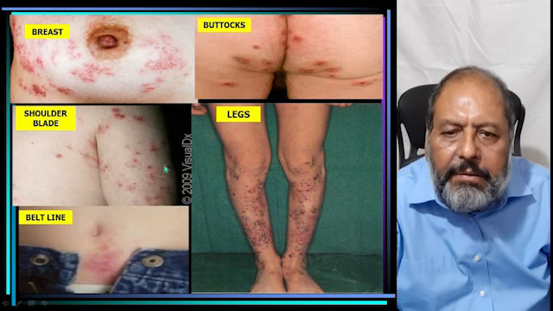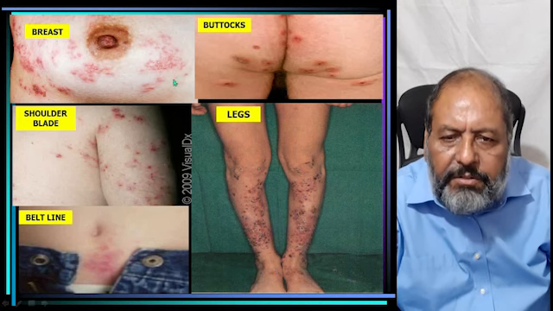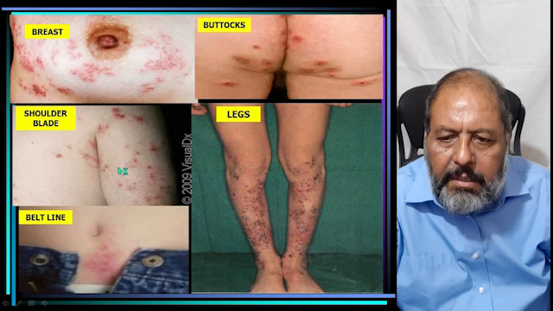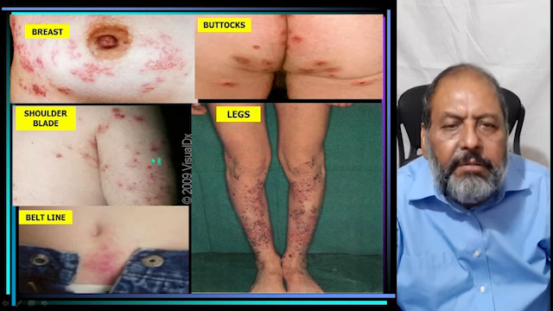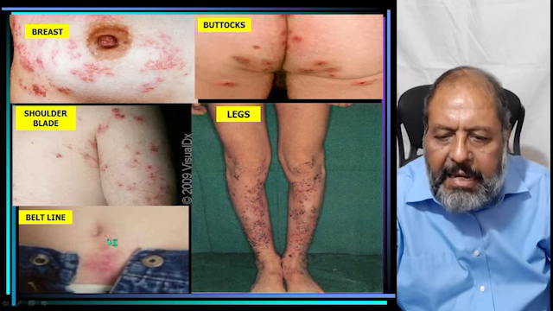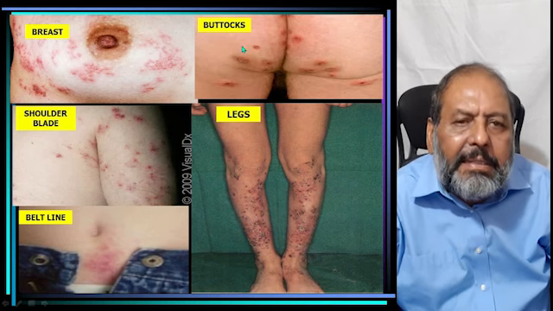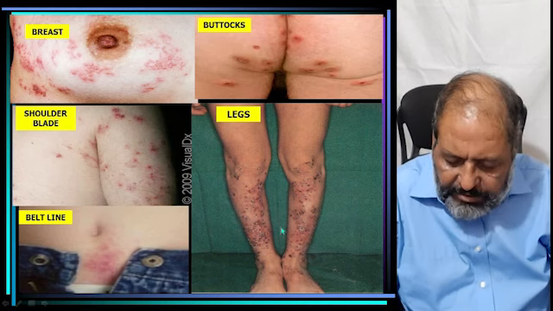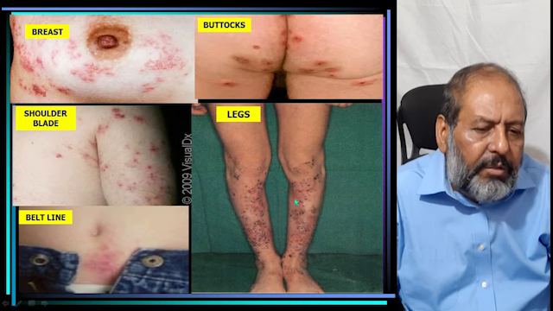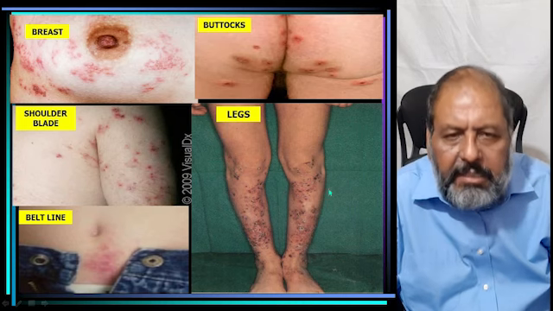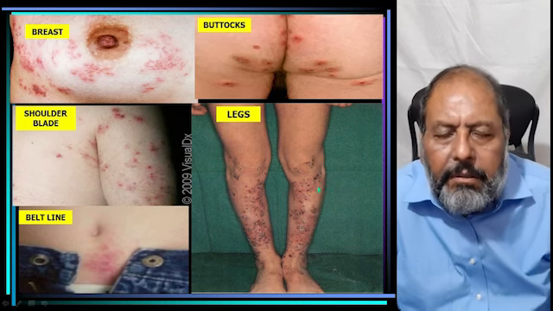Similarly, it can be around the areola of the breast, and here one can see the shoulder blade, the belt line, the buttocks and the legs. These are the most affected parts, and one can see the lesions clearly here.